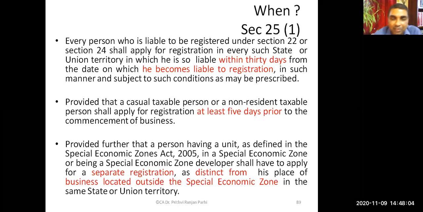And if someone has a place of business outside an SEZ and one place of business inside an SEZ, then he needs to have two distinct registrations under GST law. So these are the three concepts covered under section 25(1). That is what we have covered right now. Is it clear to you now?